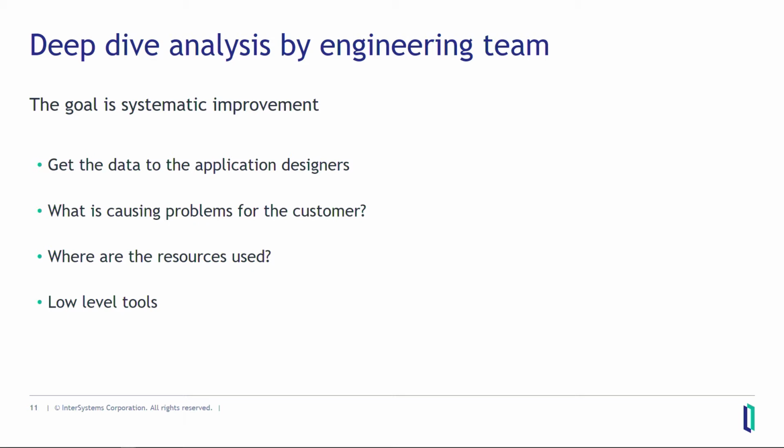You get the data to the application designers, you understand what's causing the performance problems or where the resources are going, and you use the low-level tools to actually understand this stuff and feed that back into the engineering process in a systematic way, so that you're not just reacting to a customer crisis where somebody says, this screen's taking 10 seconds to load, it's impossible to use, and suddenly you've got engineers working at 2 in the morning trying to put a Band-Aid on a problem and come up with some easy fix, a quick fix. Maybe they'll buy some more CPU power or put in an extra disk, but basically they're working at 2 in the morning trying to fix a customer crisis. And this systematic process is to avoid that happening.